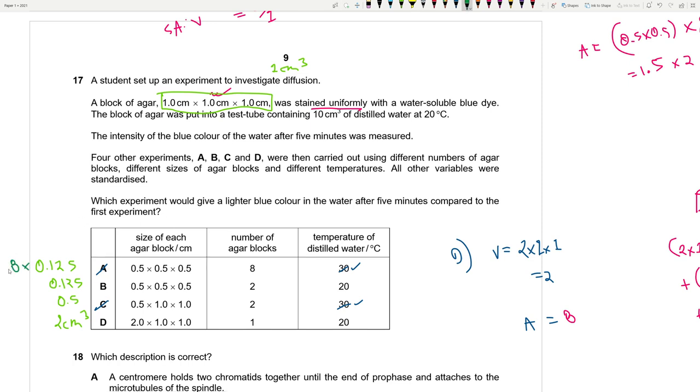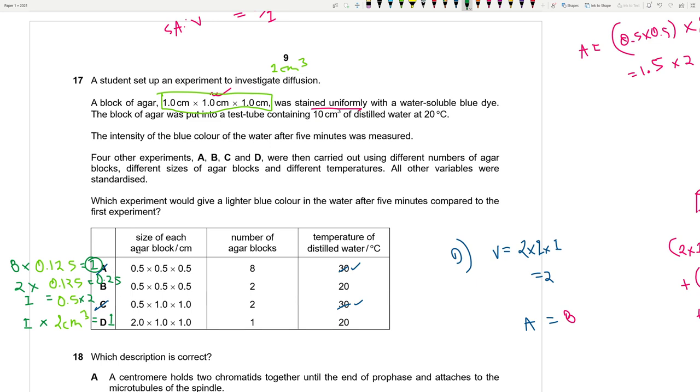So if you multiply 8 into 0.125, that gives you a value of 1. Then 0.125 into 2 gives you a value of 0.25. Next, 0.5 into 2 gives you a value of 1, and 2 into 1 gives you a value of 1. Do you get it?